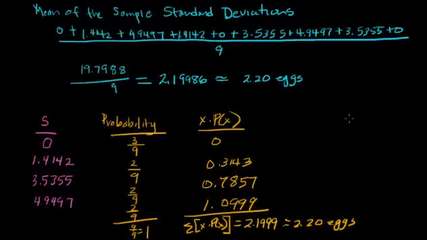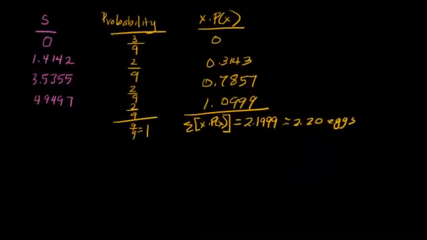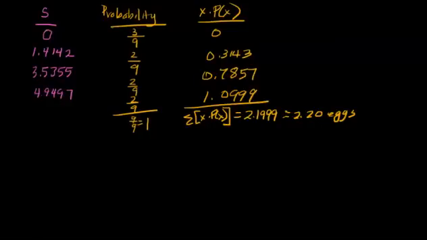So we got the same thing that we got using this calculation, 2 different ways to get the mean, but we do see they are not the same as the population standard deviation. So let's make a note of that.